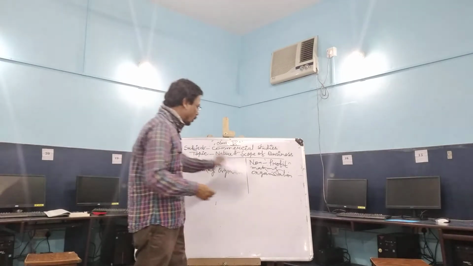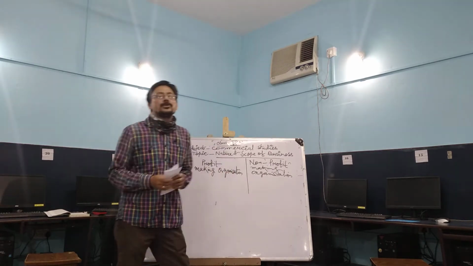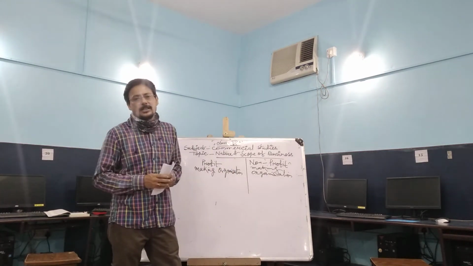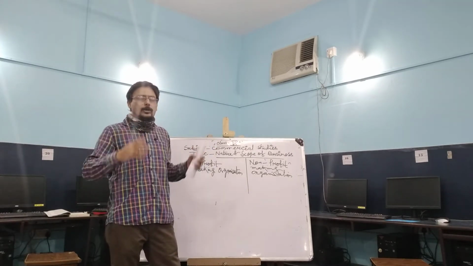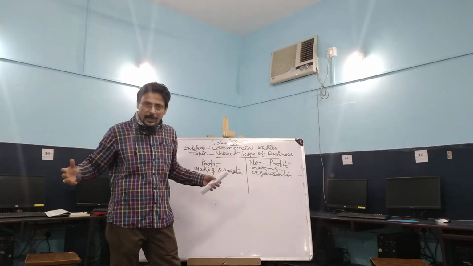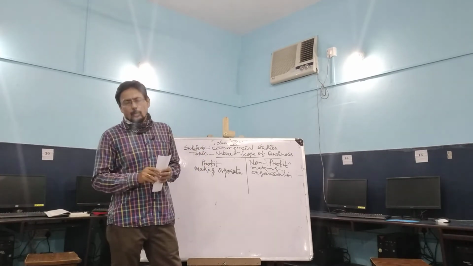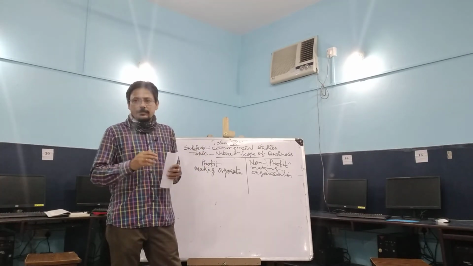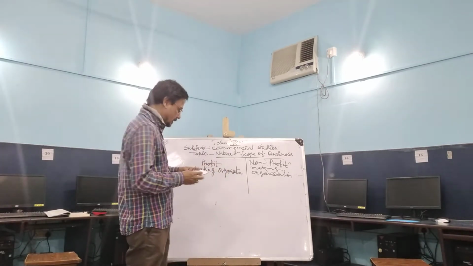But non-profit making organizations are only service and distribution. Only service and distribution, no thinking of profit and loss. How the people can survive, how the people can be adjusted with the society, how the poor section of the people can do better in the society. Those are the activities in the non-profit organization sector.